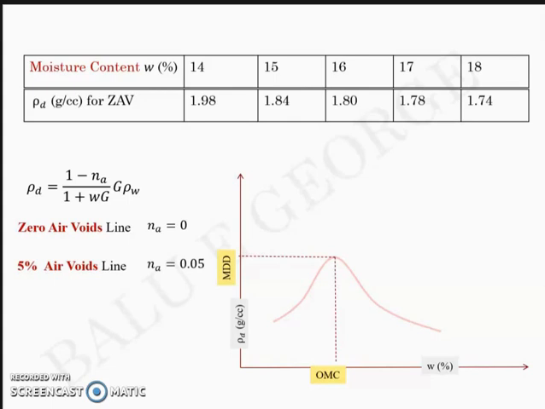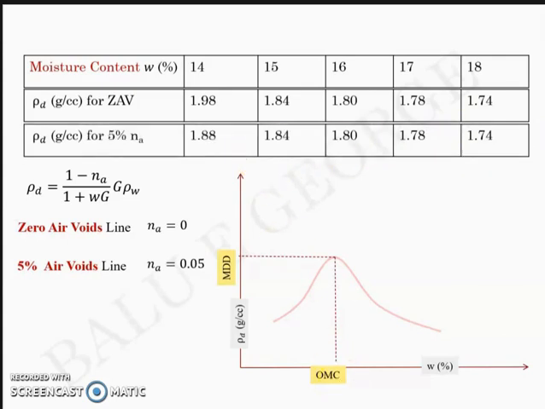So quite similar to this procedure, you substitute Na equal to 0.05 in this equation. You substitute the value of water content 14%, and you will get some value here. Likewise, you continue the process for 5 different values of water content, and you'll get something like this, right?